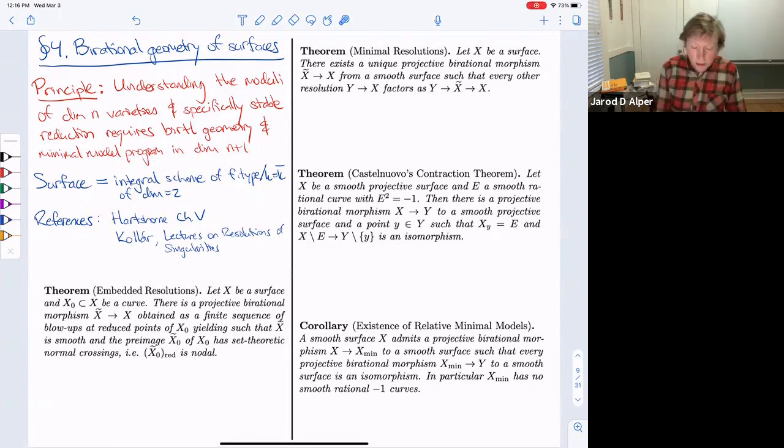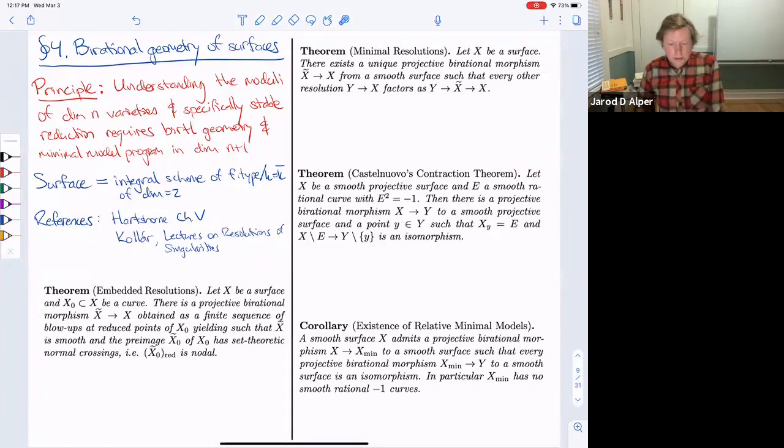And the references for all these facts are in Hartshorne, chapter 5. And another nice place to read about this is Kollár's lecture notes on resolution of singularities. So the statements we need, the first one is embedded resolutions, which I've already explained why we need. Maybe I won't even repeat the statement here.